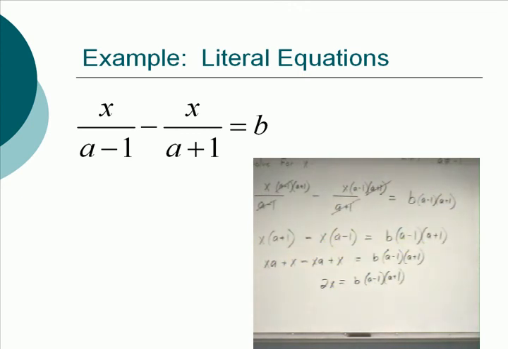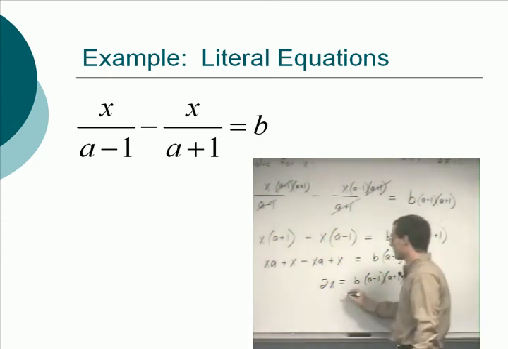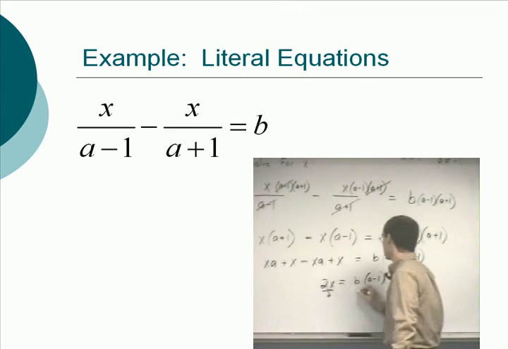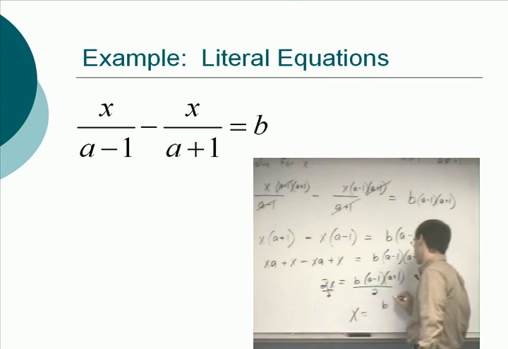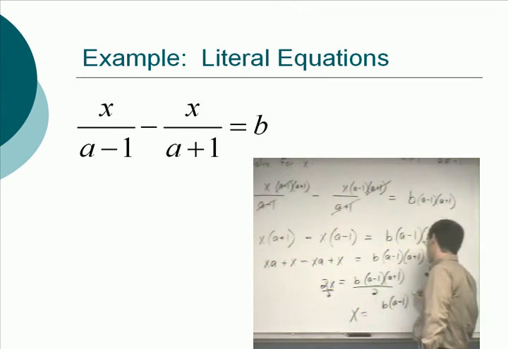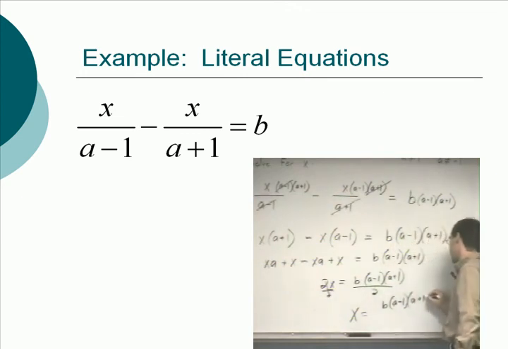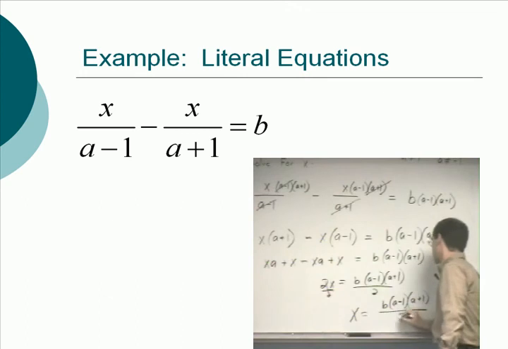So 2x, everybody see where that 2x comes out? Everything else kind of cleans up. And so we're basically done now. Last step. Divide by 2, and we're left with our solution. X equals b times a minus 1 times a plus 1 over 2.